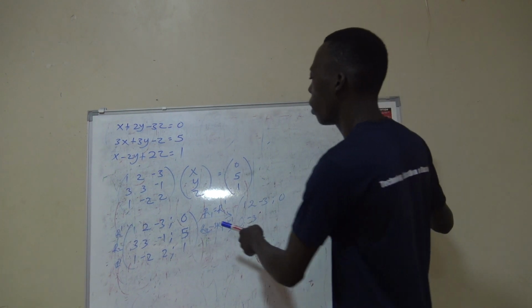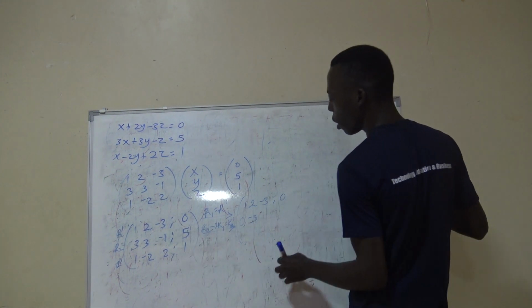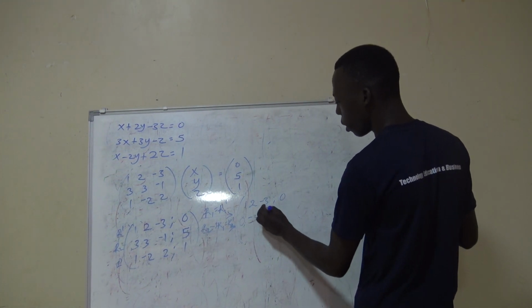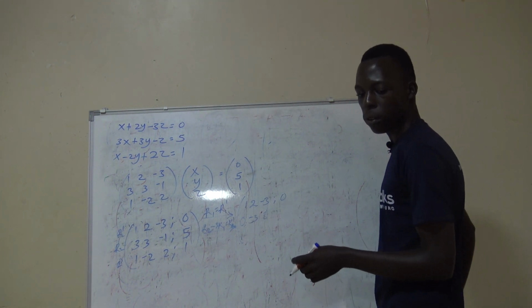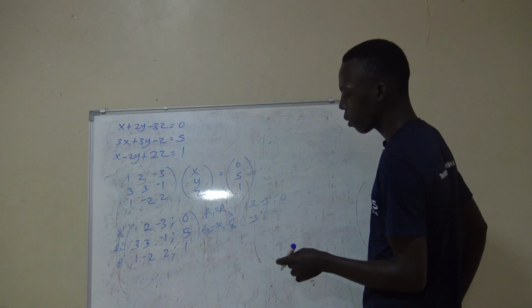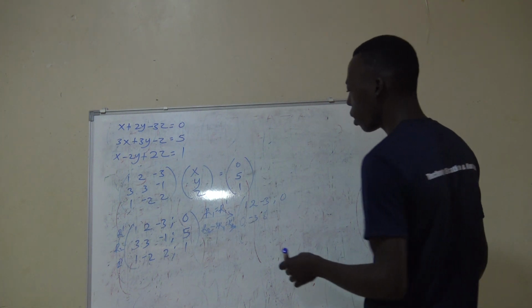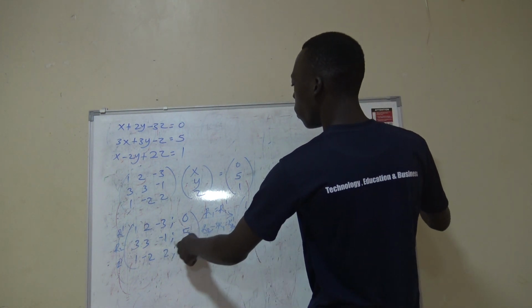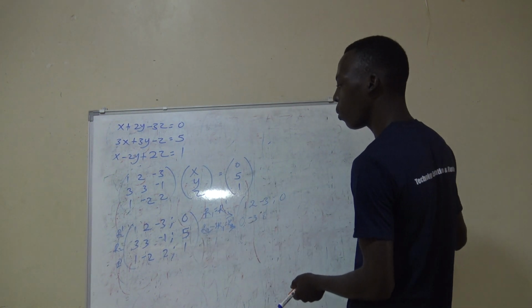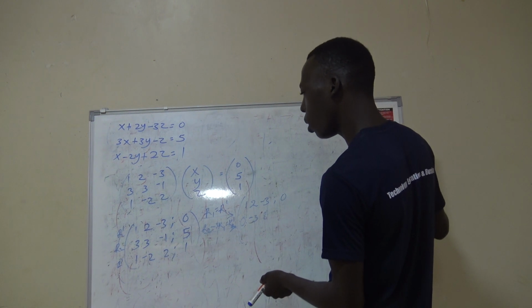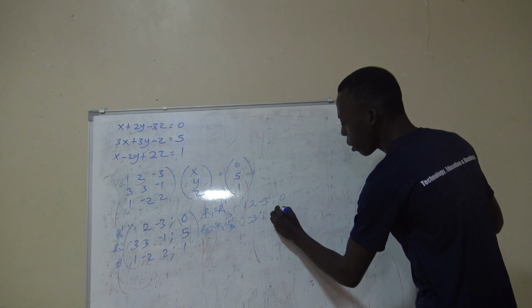Then this one is negative 1 plus 9, which is 8. Okay? So now here, 5 minus 0 becomes 5.